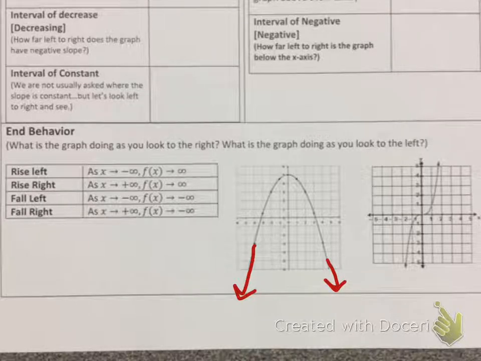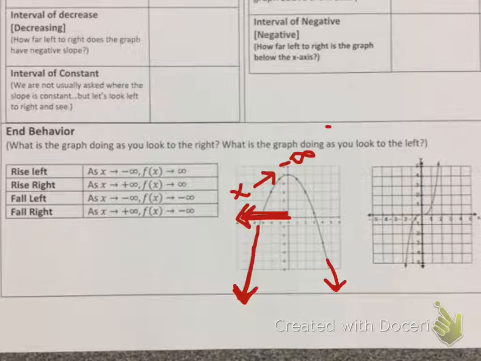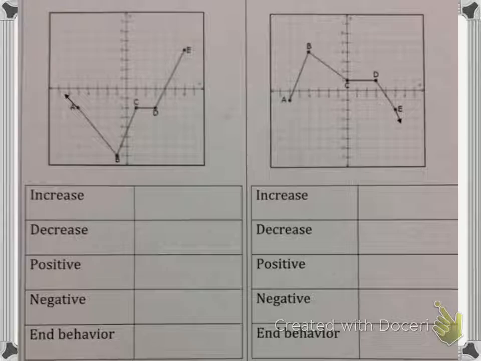So for instance, let's look at this for just a minute. As my x's go towards negative infinity, meaning my x values are going towards negative infinity, what are my y values doing? Well, my y values on my graph are going down. So as my x values go towards negative infinity, my f of x values are also going towards negative infinity.